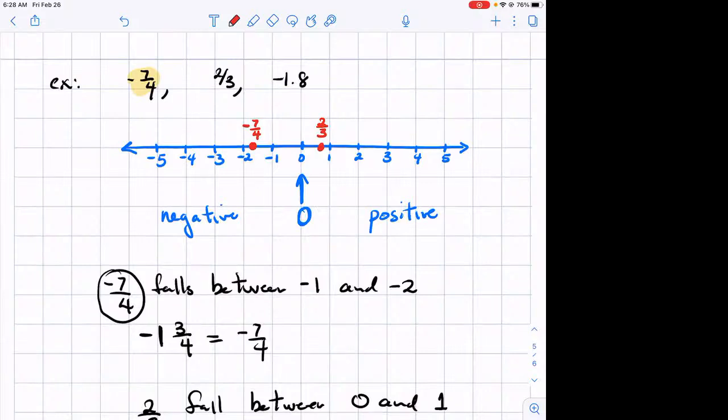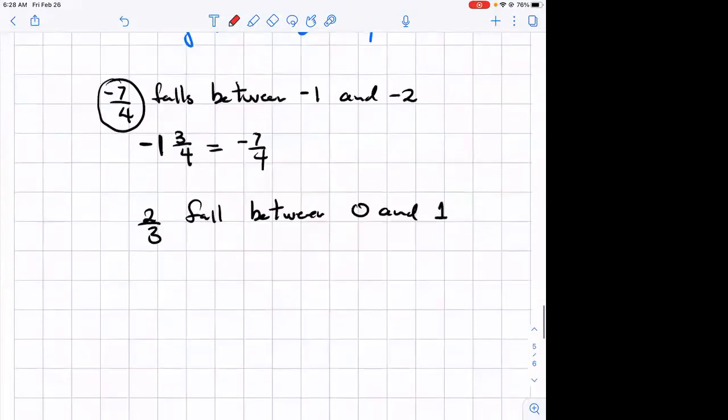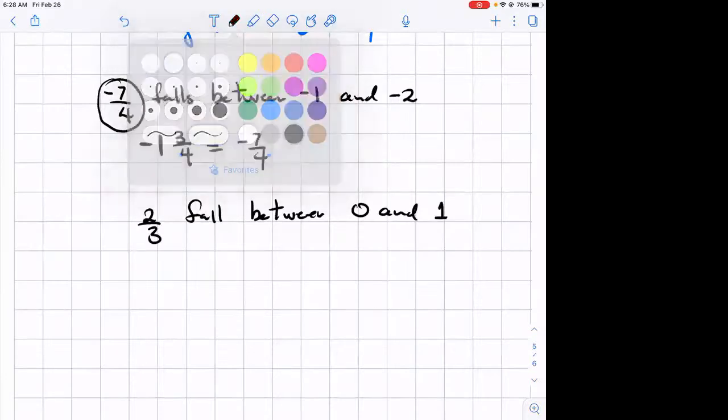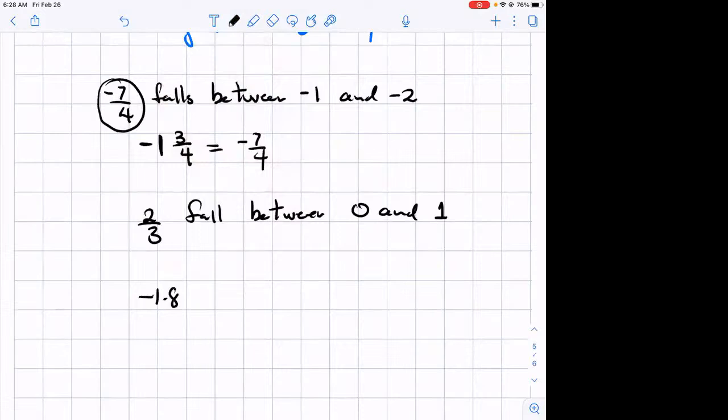And negative 1.8 is very, very close. Okay? Negative 1.8 falls between negative 1 and negative 2.